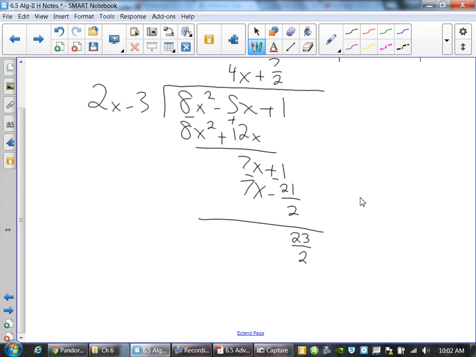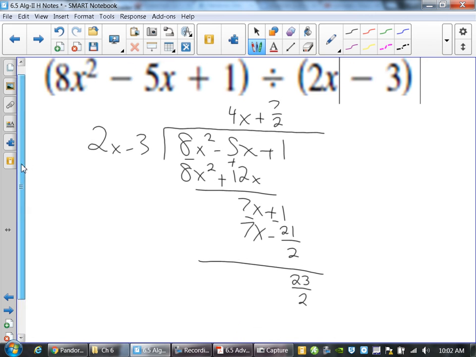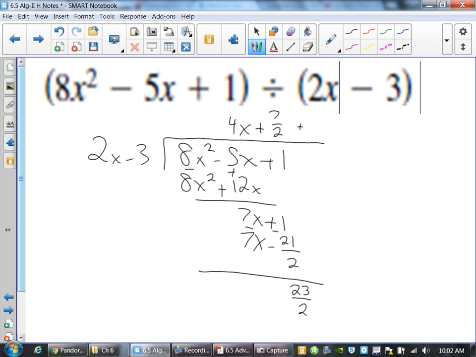So I get the remainder of 23 over 2, and I split that as the fraction. The trickiest thing is, remember, when you're worried about turning it into fractions to get rid of stuff, whatever this number here is becoming the denominator here, because that's how math works when you multiply fractions.